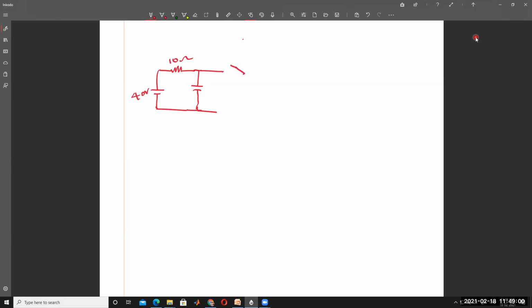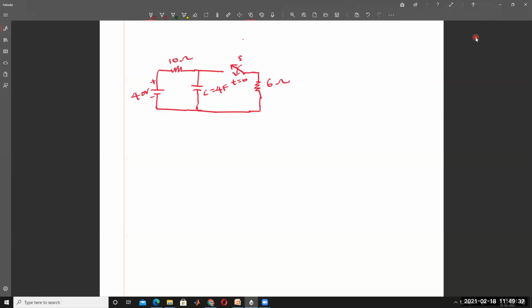Switch is connected like this. At t = 0, the switch is closed. This is the meaning of the switch. And here is a resistance of 6 ohm. So what is the capacitance? C is equal to 4 farads, with plus and minus polarity.